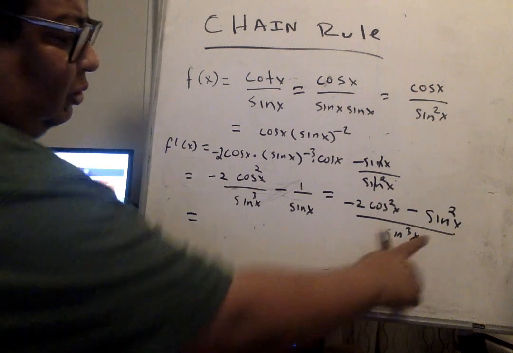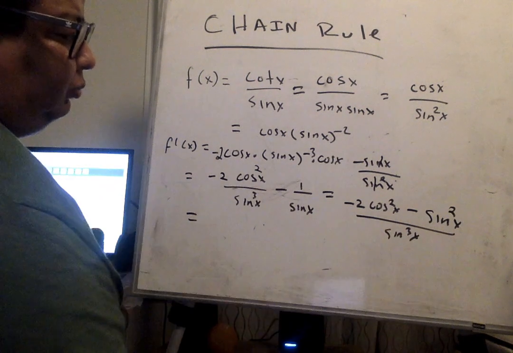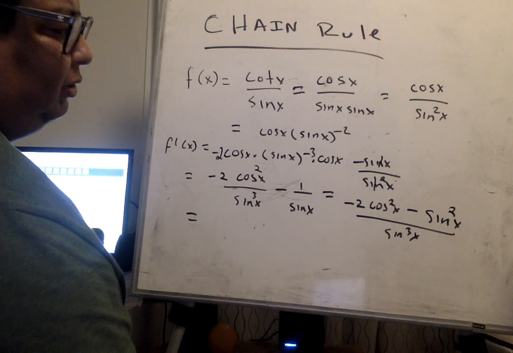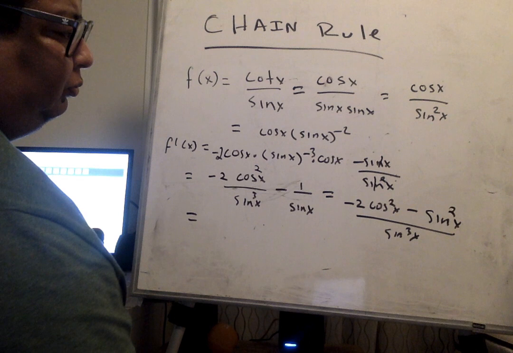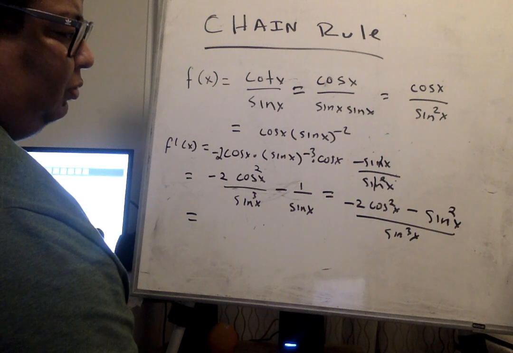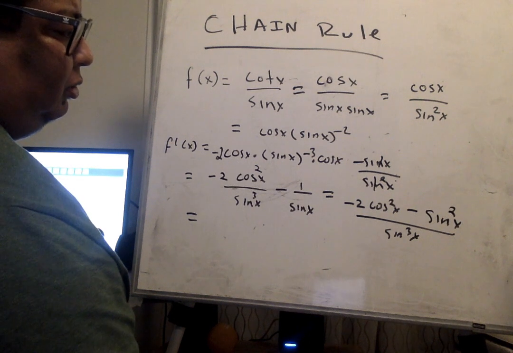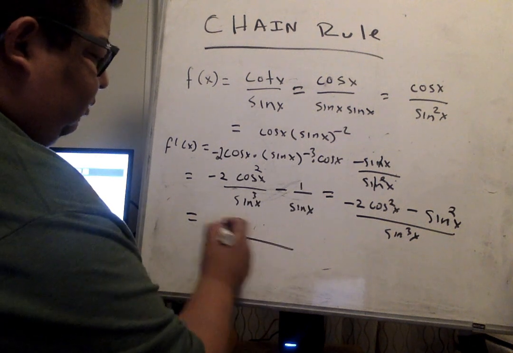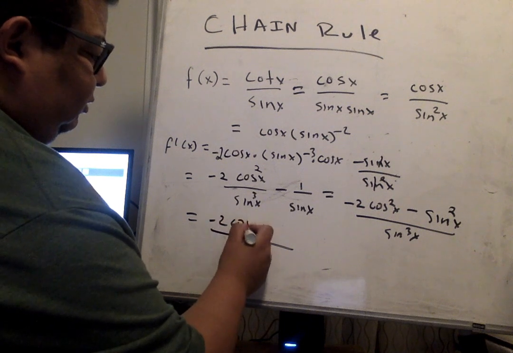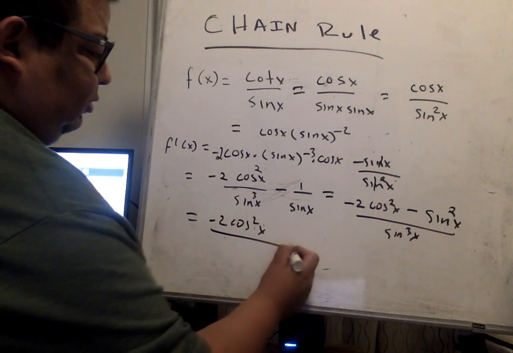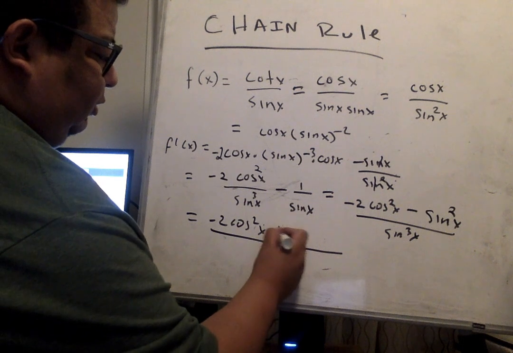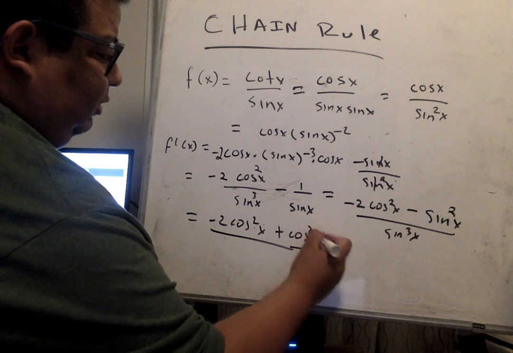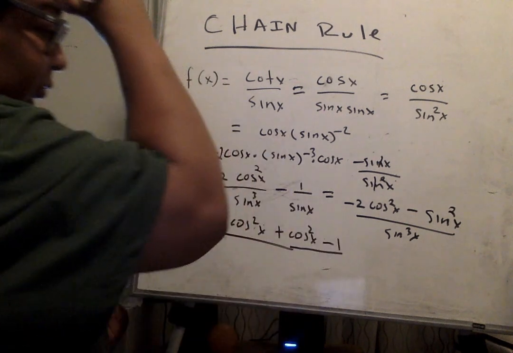Now if you remember the identity sine squared plus cosine squared equals 1, the top is going to become negative 2 cosine square x plus cosine x square minus 1.